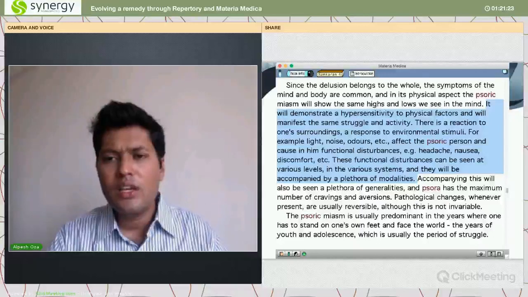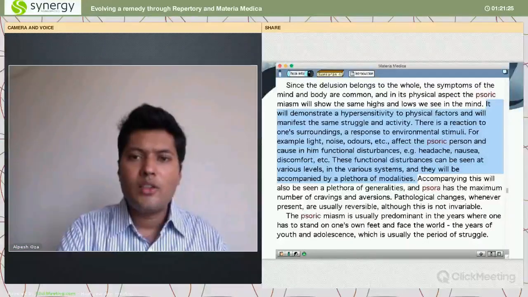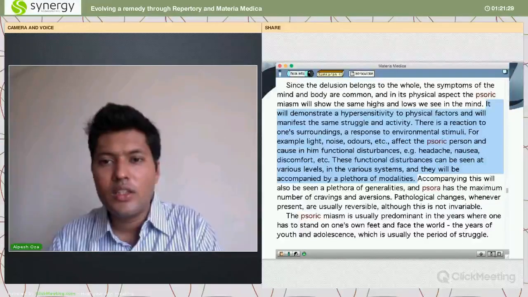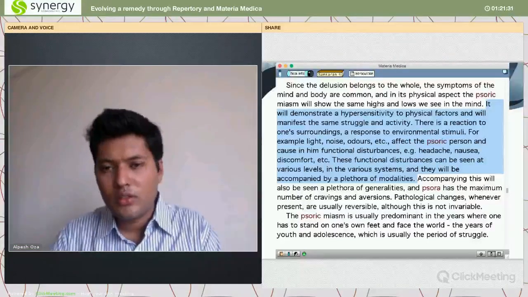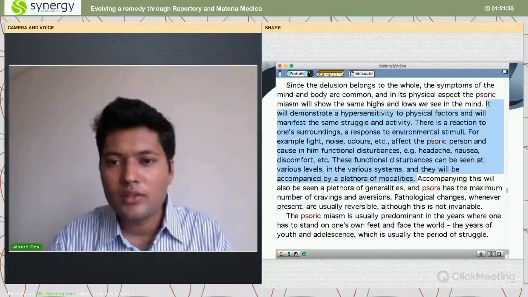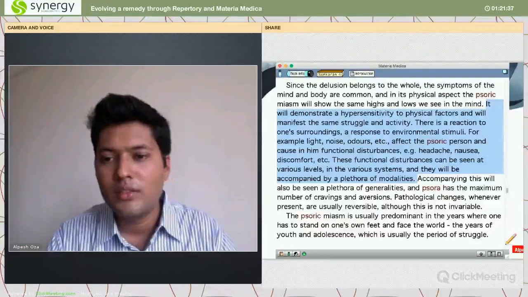So we see in the mind state as well as in the physical state and the functional state, it runs together. We see the same pattern in each state.